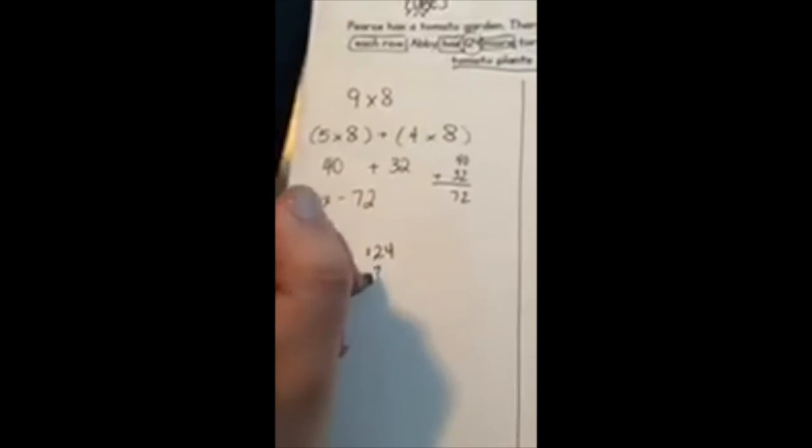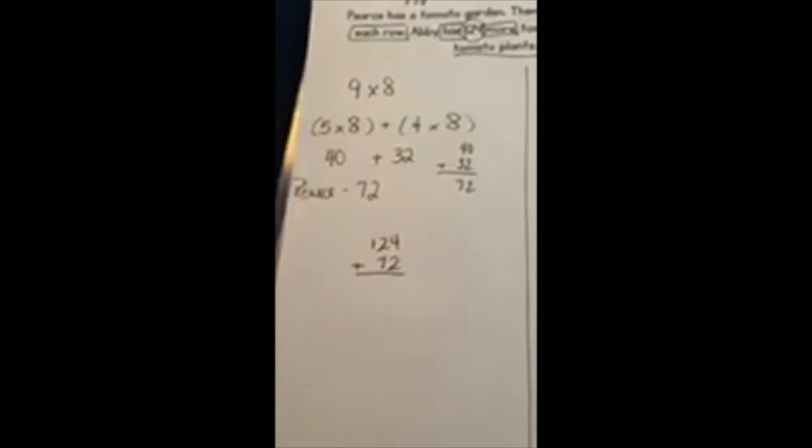So what operation would I need to do with the 124 and the 72 to figure out how many Abby has? I would need to add them because she has more than that. So I'm going to take the 124 and the 72 and add those together and I'll get my final answer. 4 plus 2 is 6, 2 plus 7 is 9, and 1 plus nothing is 1.